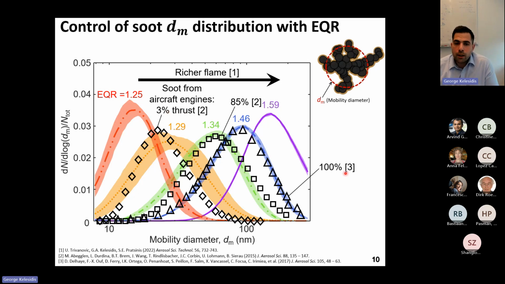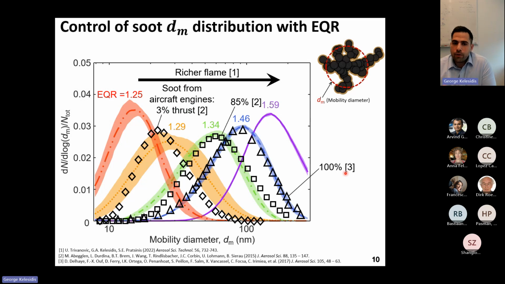So by controlling the equivalence ratio in the rich zone of our flame reactor, we can actually reproduce the mobility size distributions of soot emissions from real aircraft engines. And actually, we have managed to reproduce other physicochemical characteristics of aircraft soot emissions, including their composition as well as their morphology. If you are interested, we can discuss this in the Q&A session of my presentation.